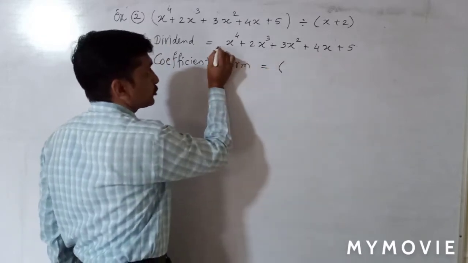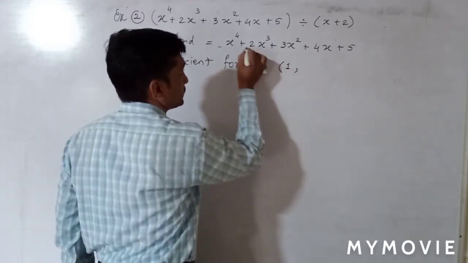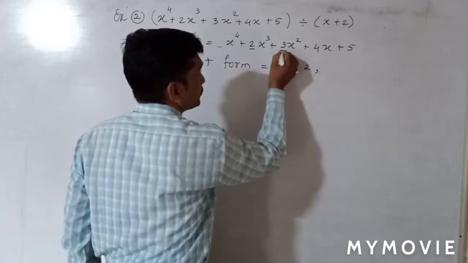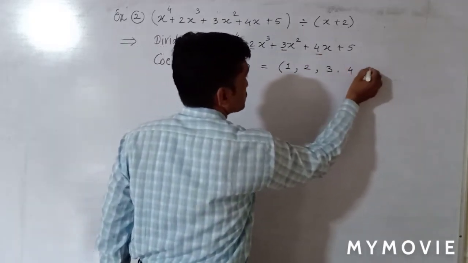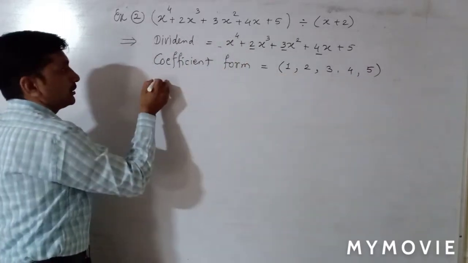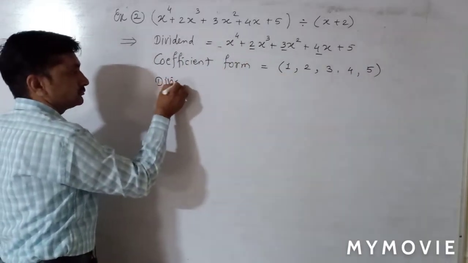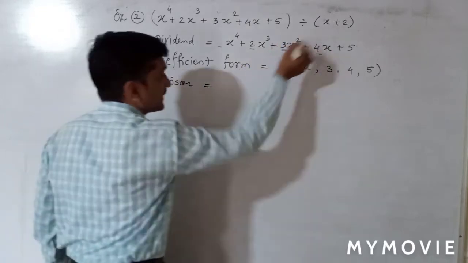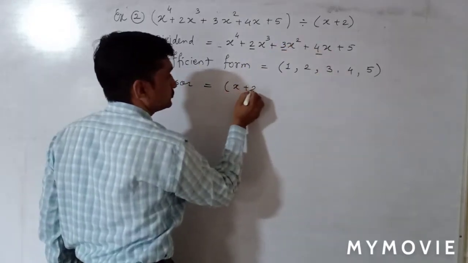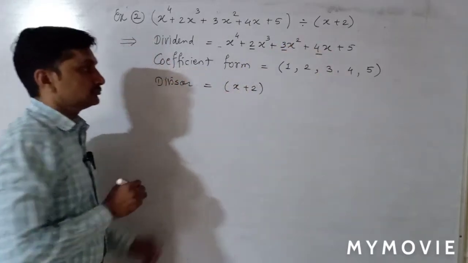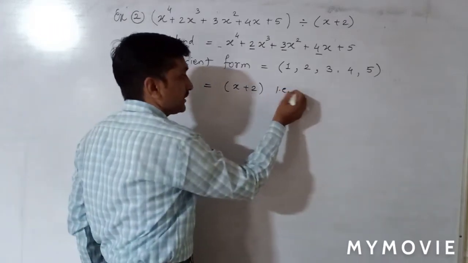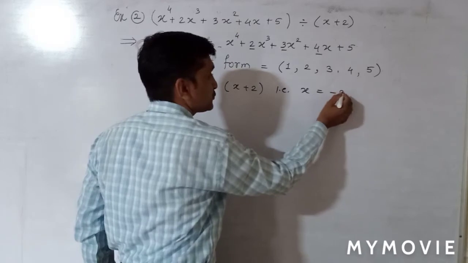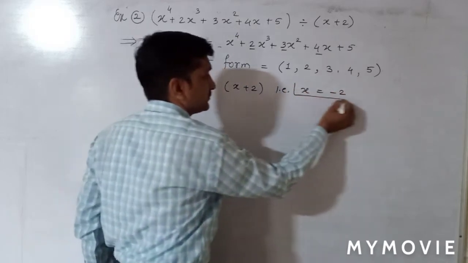Write all coefficients: here the coefficient is 1, comma, here 2, here 3, here 4, here 5. After that, the divisor. Divisor is x plus 2. As the divisor we have to take the opposite value of this, that's why we can write here x is equal to minus 2, the opposite of this. This is the divisor.